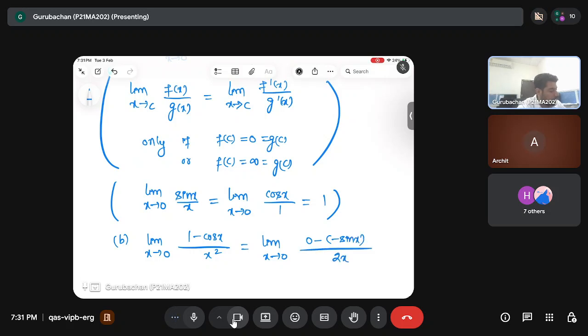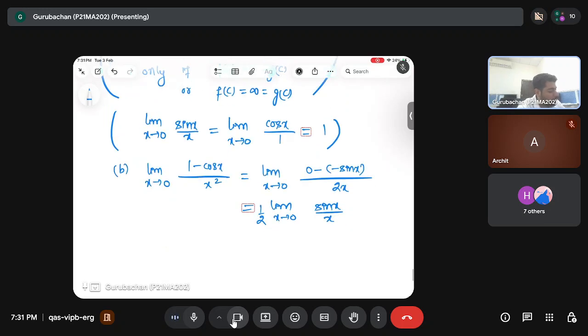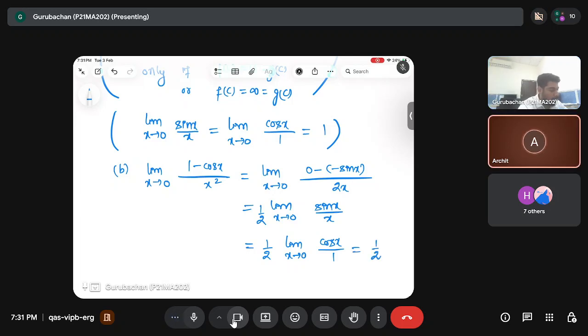Now if you rewrite it, it will be limit x tends to 0 of sin x by 2x, and 1 by 2 will come out by the algebra of limits. Now is it a 0 by 0 form? Yes. So again differentiate it. It will be cos x by 1, and this will give you 1 by 2. Understood?